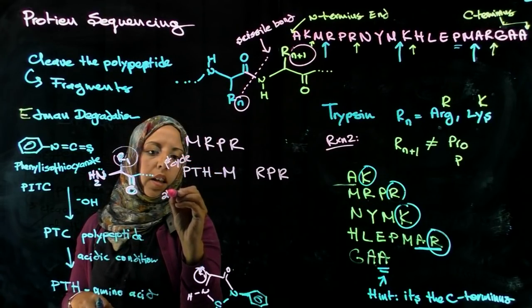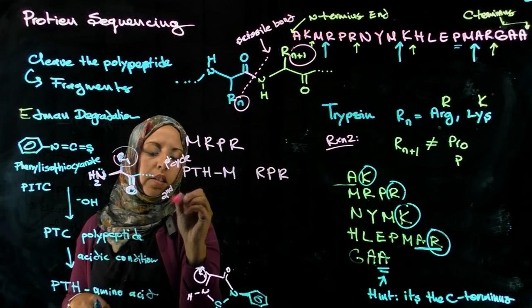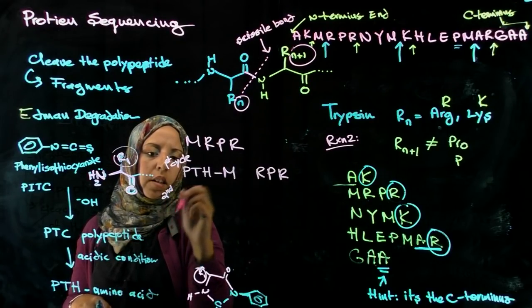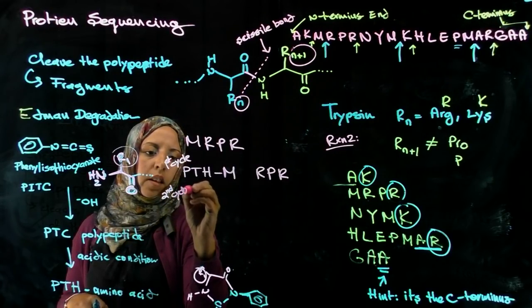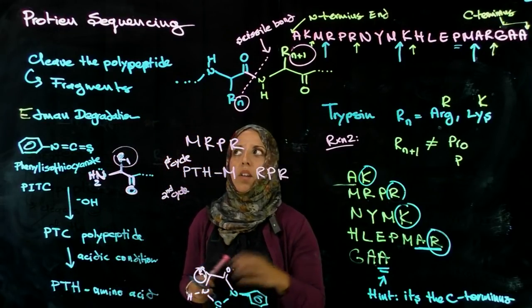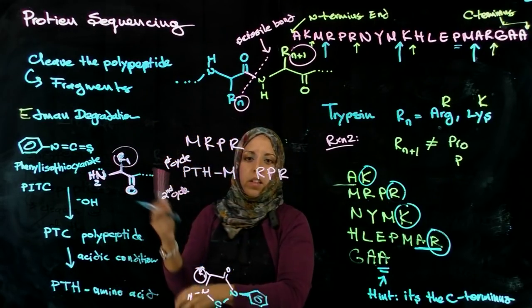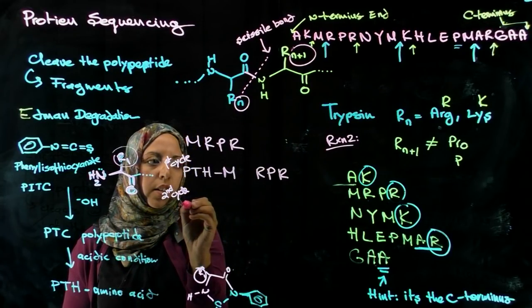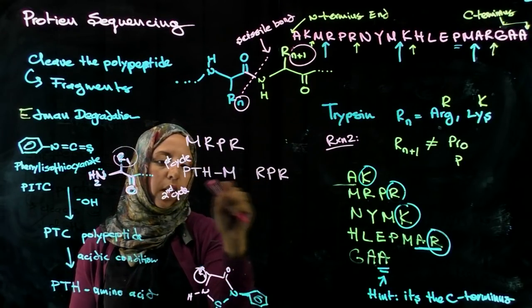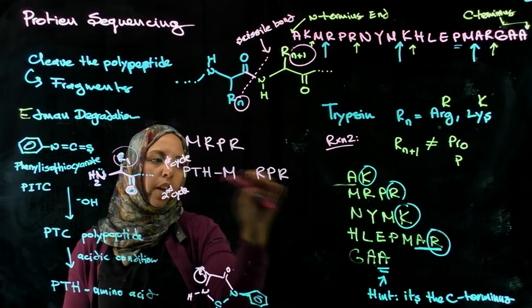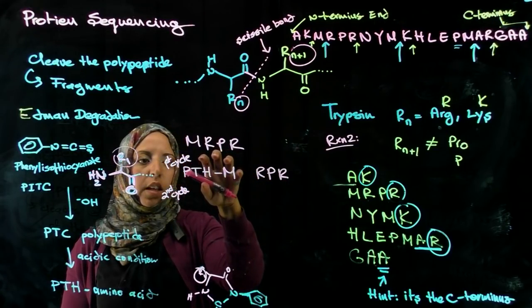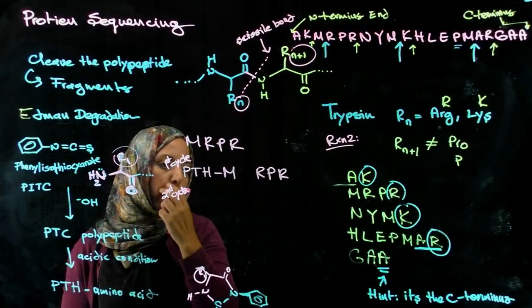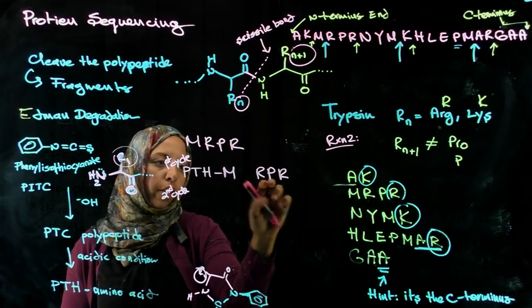And if we run 2 cycles, right? If you're running another cycle and you're keeping everything in solution, at the second cycle, you ran the first cycle, you took out the PTH methionine adduct, and what you have left is here.